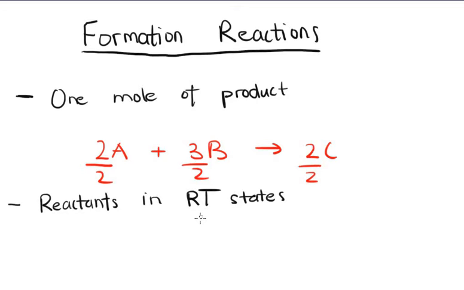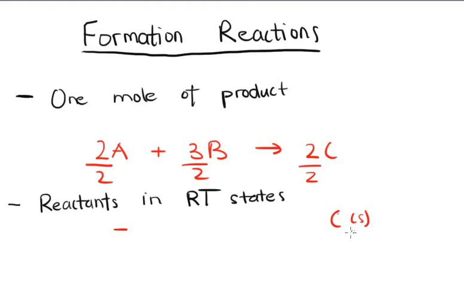Another requirement that's a little more detailed is that the reactants have to be in their room temperature states. The reactants also have to be their elements. The room temperature states I'm talking about are, let's say you have carbon.